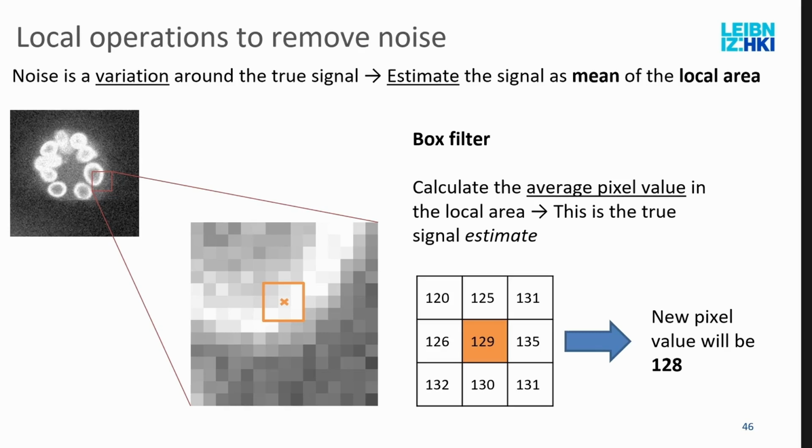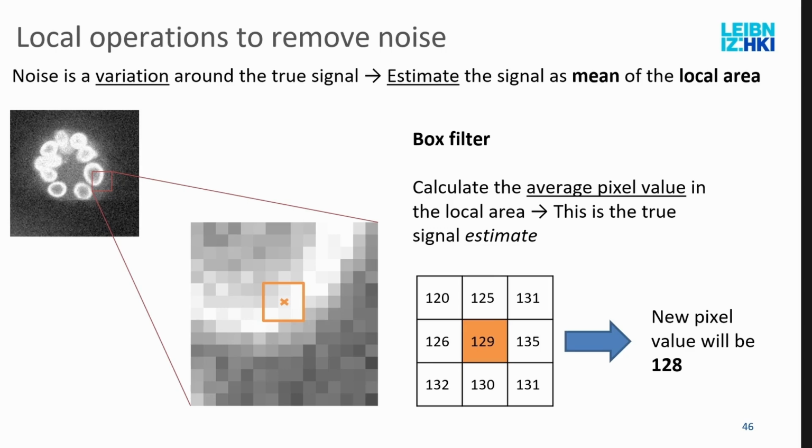One of the most basic operations is called the box filter, or mean filter, called differently depending on the software. The idea is that we try to estimate the un-noised value from the surrounding values, because we are hopefully approximately in the same structure. So, for example, this is the pixel we currently want to work on, and this is the area around it.